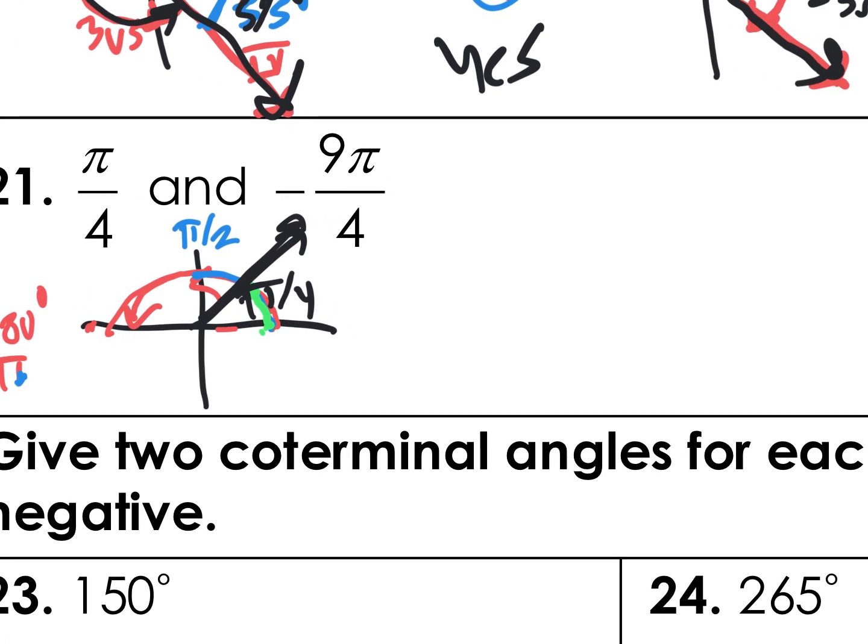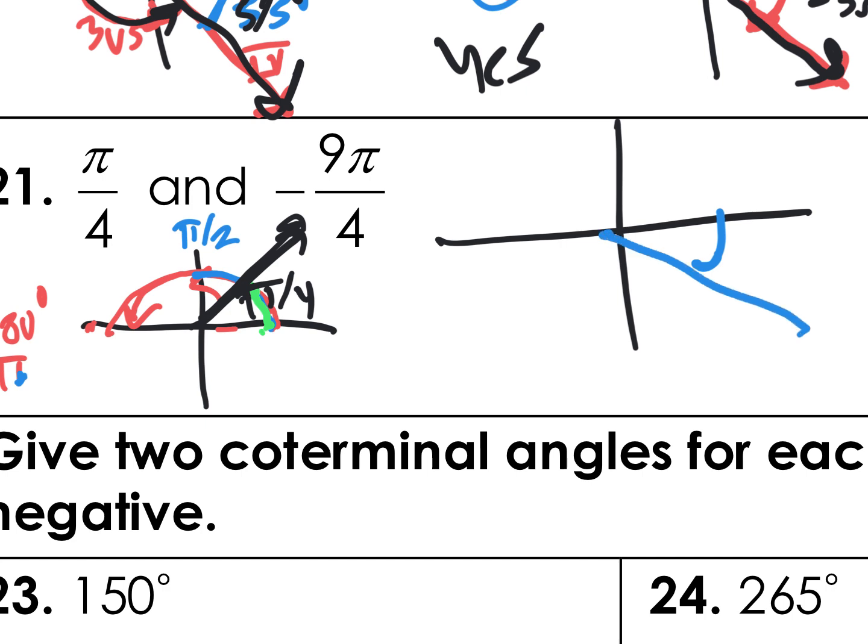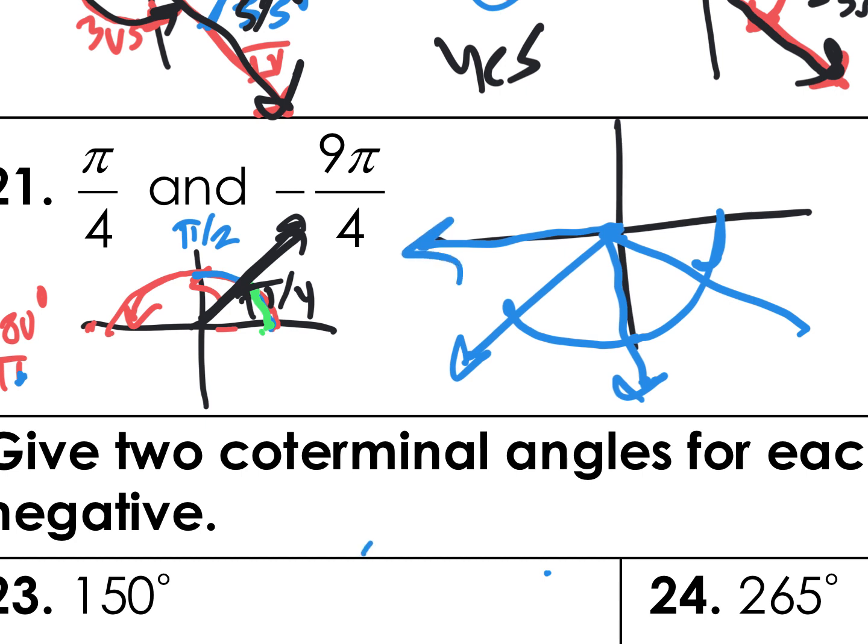Now, let's do a -9 pi over 4, going clockwise this way. Well, this would be a negative pi over 4. This would be 2 pi over 4 negative. This would be the 3 pi over 4. This is 4 pi over 4.